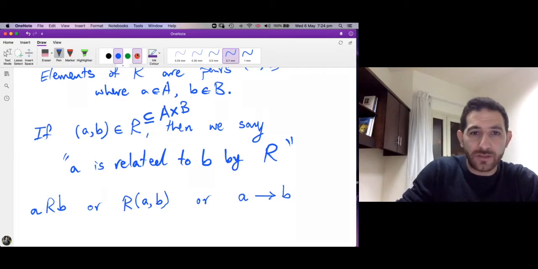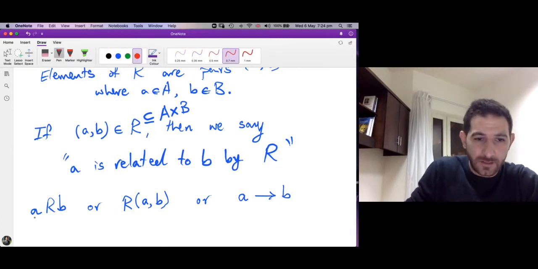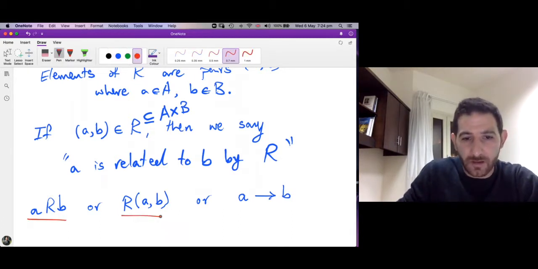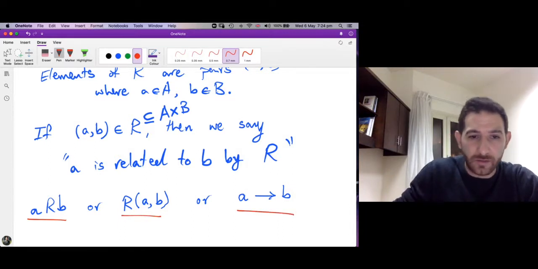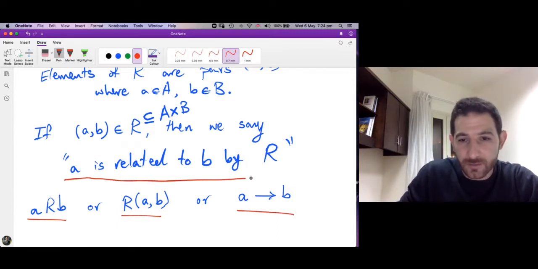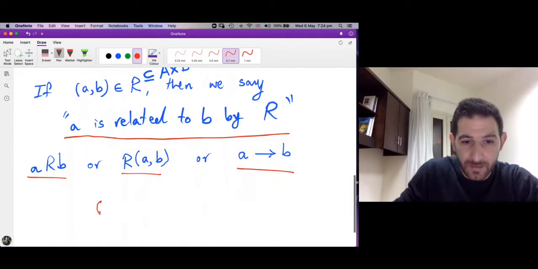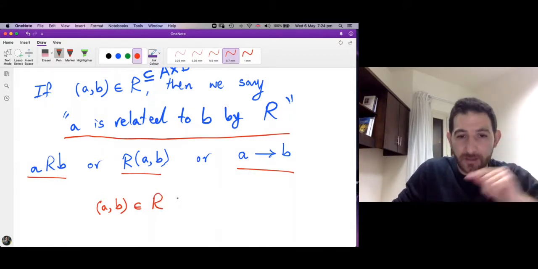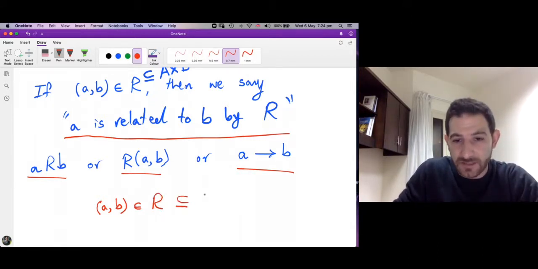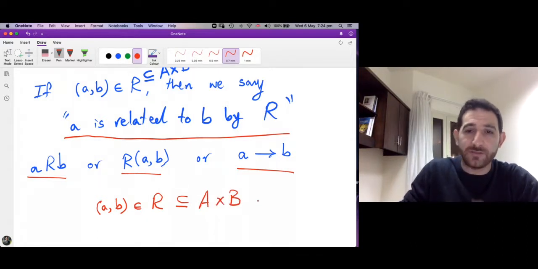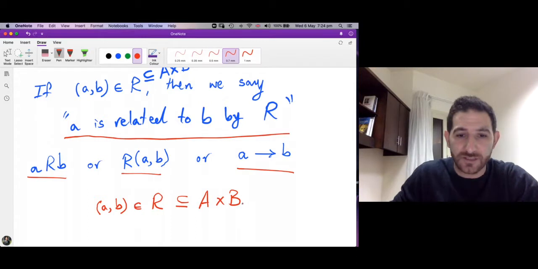Okay, so all of these, aRb, R(a,b), or a arrow b, or a is related to b by R, all of them are different ways to say that the pair a comma b is an element of the relation R, and again, by a relation we mean a subset of A cross B, where A, B are sets, and A cross B is the Cartesian product of the sets.